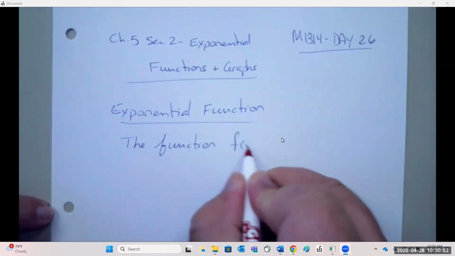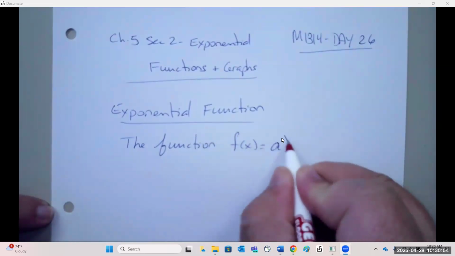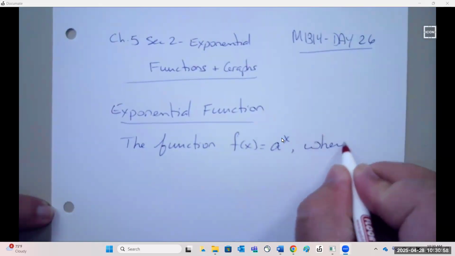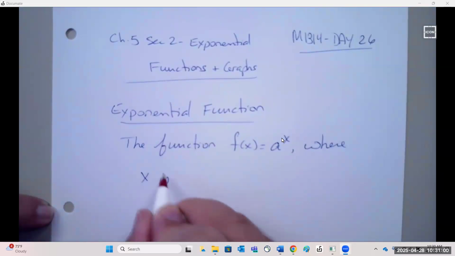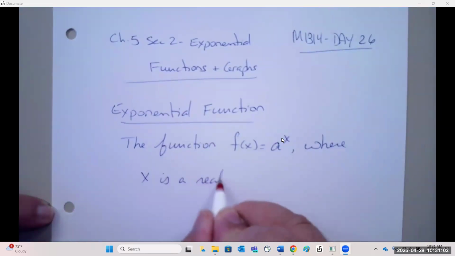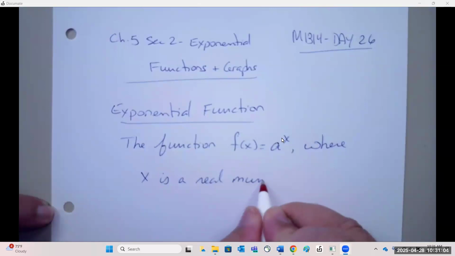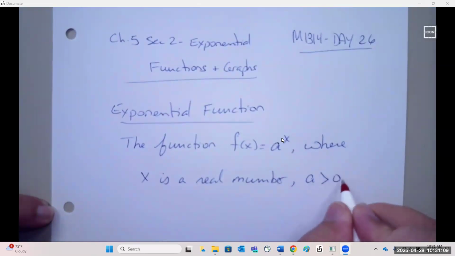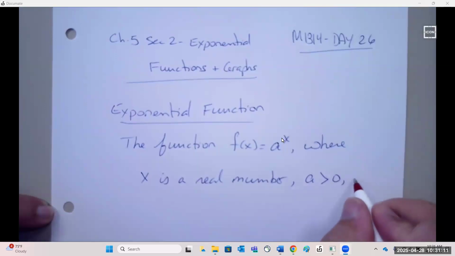The function f of x equals a to the power x, where x is a real number and a is positive and not equal to 1.